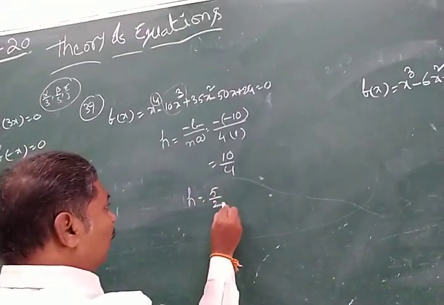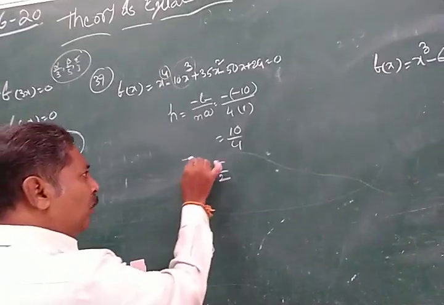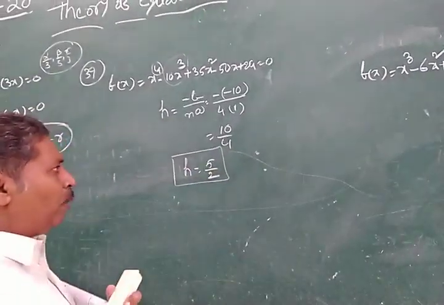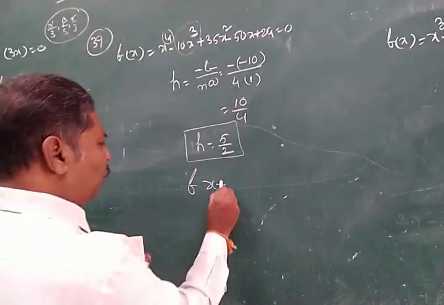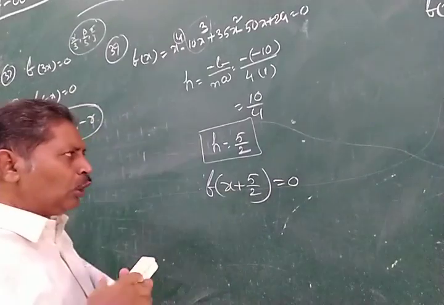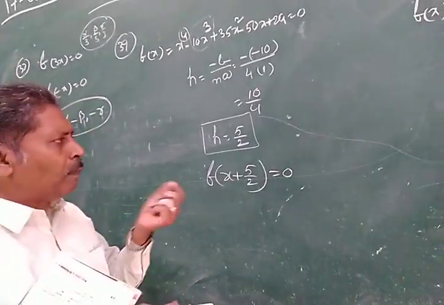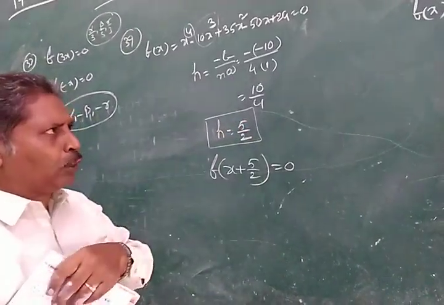So h value is 5 by 2. So transform equation f of x plus h equal to 0. He wants only h value. So h value is 5 by 2.